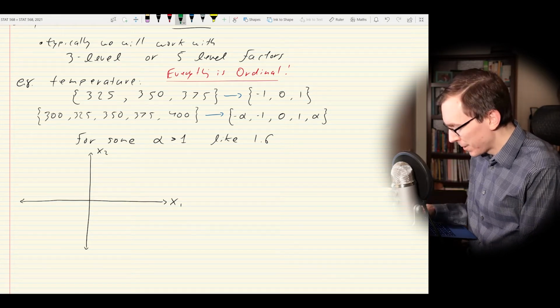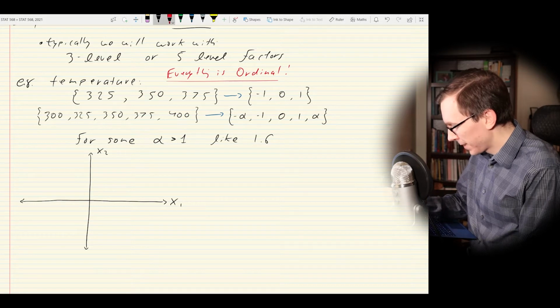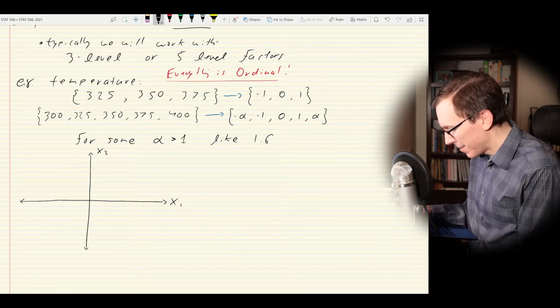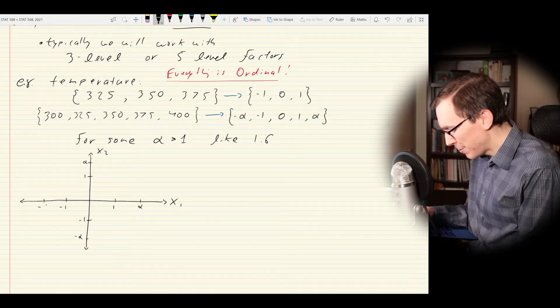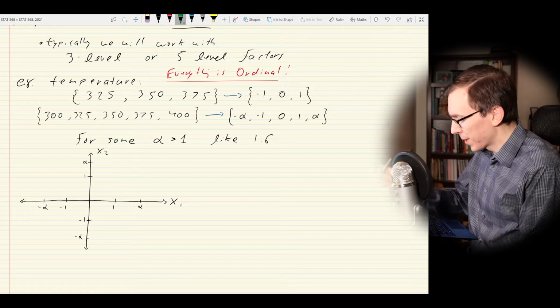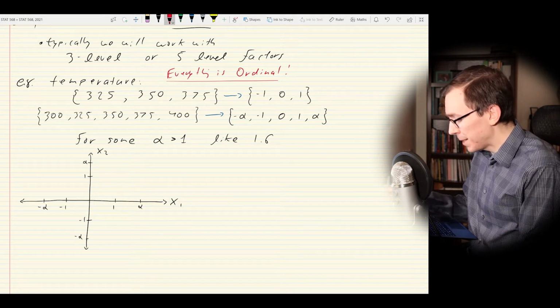So we could, for example, well, let's do some notches here. We could have, let's say, 1 and alpha, and -1 minus alpha, and 1 and alpha, and -1 and minus alpha.